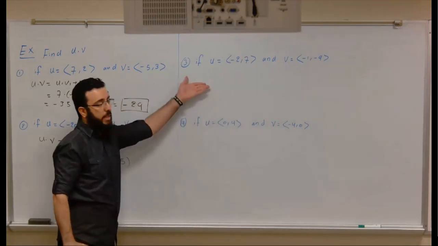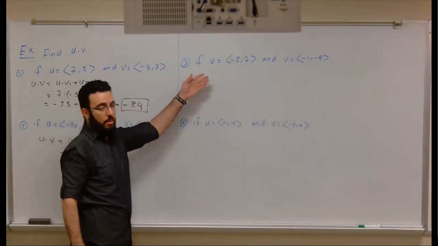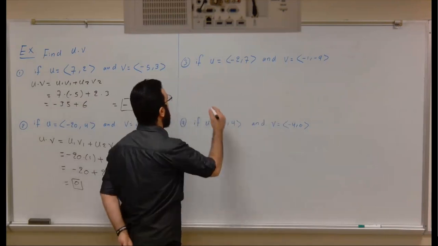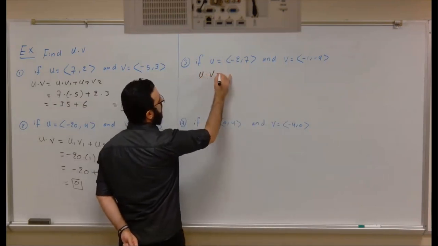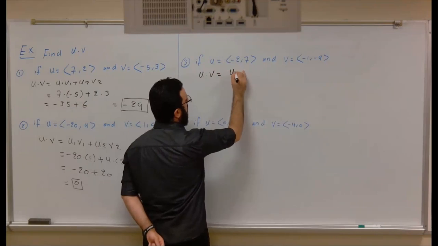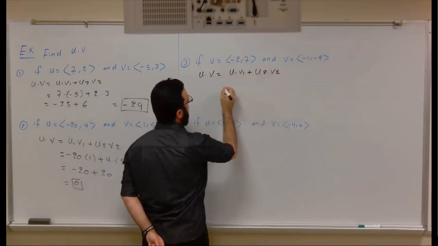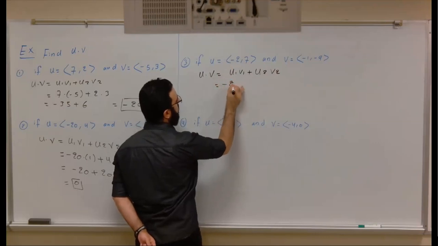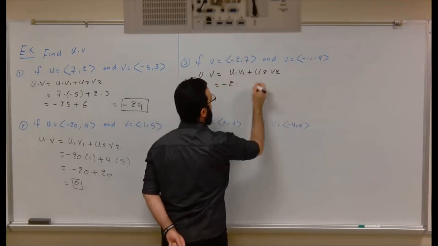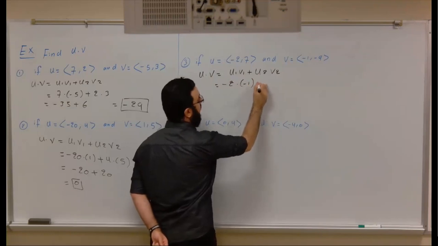Can we do the same thing here? Two vectors, I need to find U dot product with V. So U1 V1 plus U2 V2. U1 is -2 times V1 is -1. And be careful with the sign.